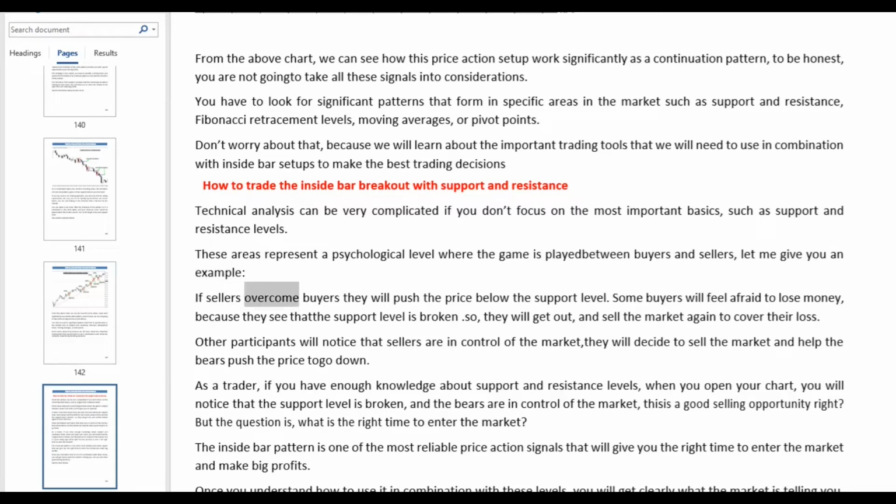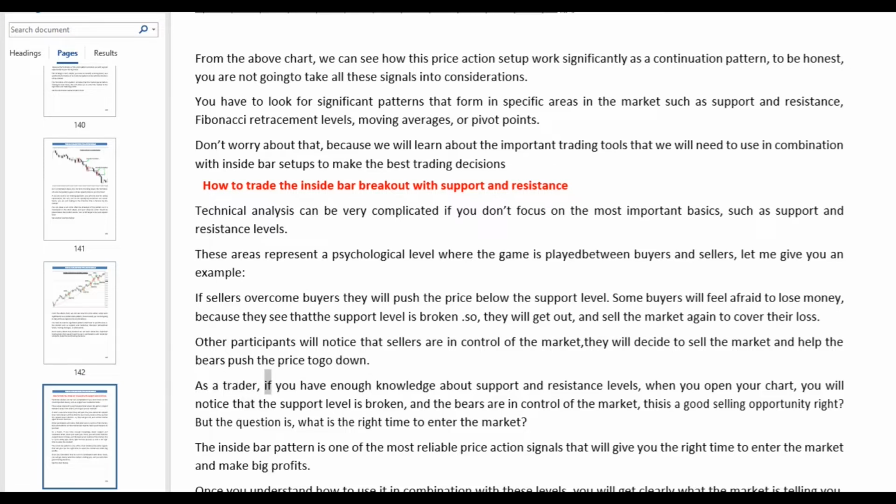If sellers overcome buyers, they will push the price below the support level. Some buyers will feel afraid to lose money, because they see that the support level is broken. So, they will get out, and sell the market to cover their loss. Other participants will notice that sellers are in control of the market. They will decide to sell the market and help the bears push the price down.